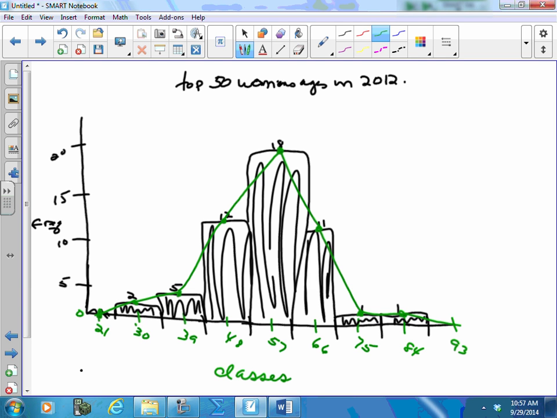So when we do your next graph, we're going to have enough to make 1, 2, 3, 4, 5, 6, 7, 8, 9 midpoints. We're going to have to make 9 midpoints on your graph. You're going to do the same exact graph as this. It's going to have the same exact frequency laid out.